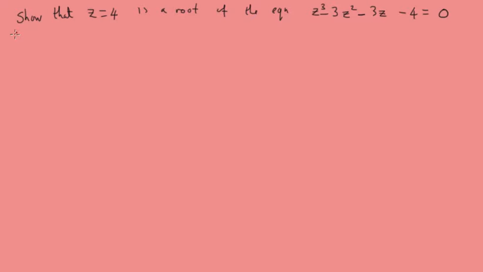And then we want to find all complex solutions to this. So let's let f of z equal z cubed minus 3z squared minus 3z minus 4.